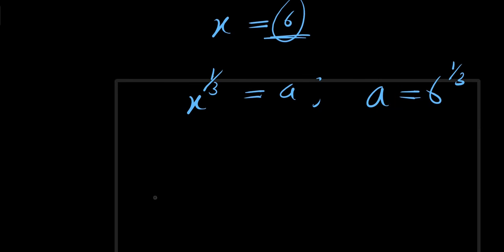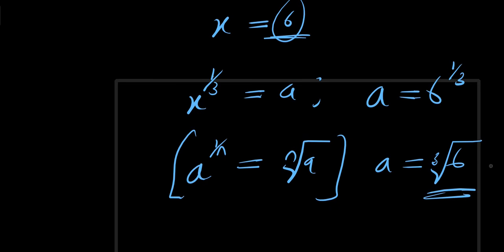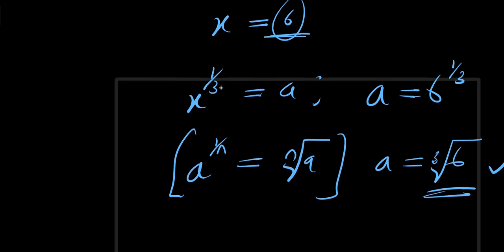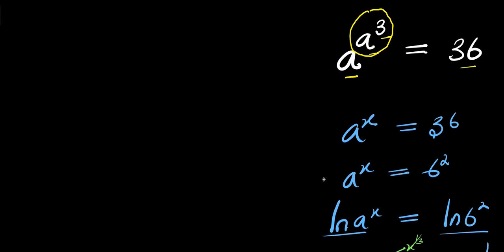And remember, if you have a^(1/n), this equals the nth root of a. So we have a equals the cube root of 6. So this is one method of solving this. There's also another obvious method, very simple. So this will be our method 2.